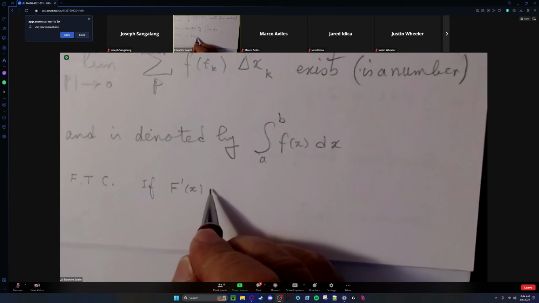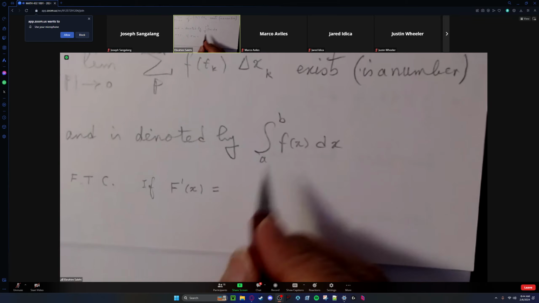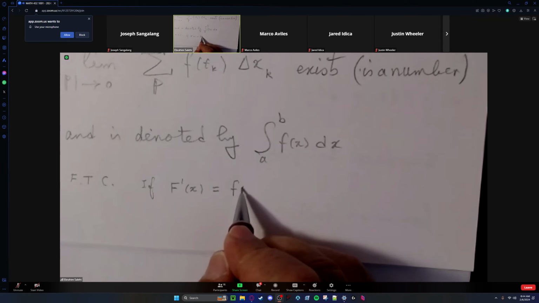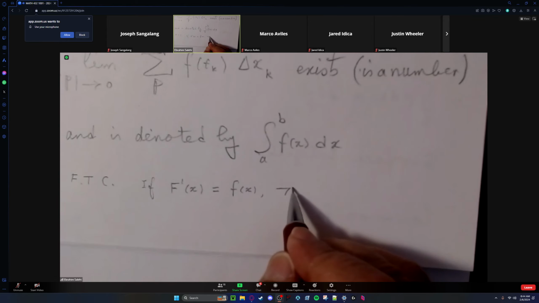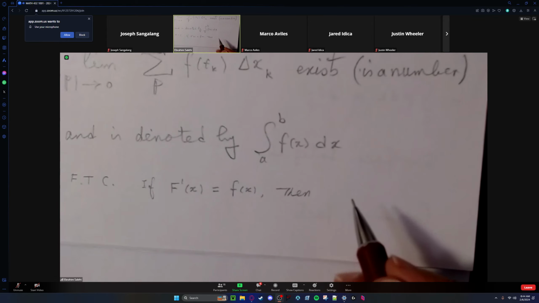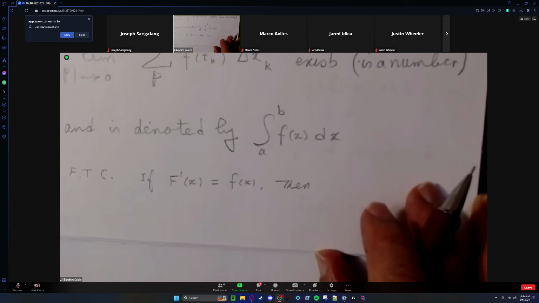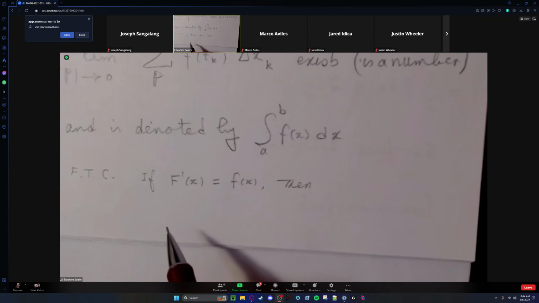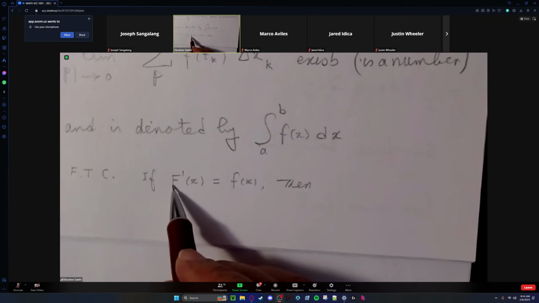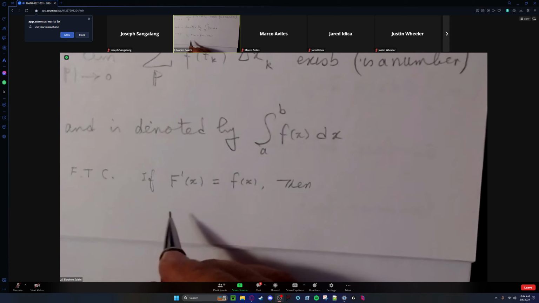Antiderivative means if you take its derivative, you get this function. If you have one of the antiderivatives, then the fundamental theorem of calculus finds a relationship between antiderivative and this concept of integration.